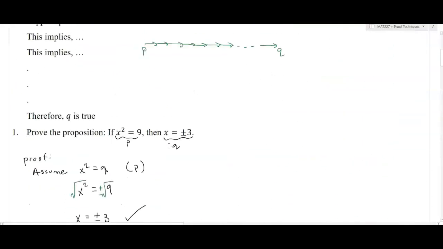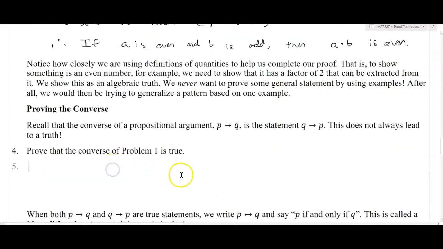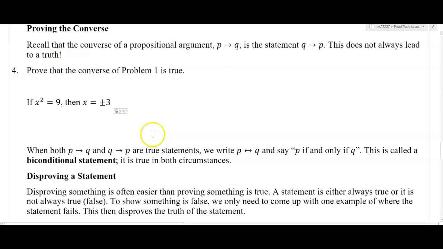So problem 1 that we had was if x squared equals 9, then x equals plus or minus 3. And to prove that converse, all we need to do is, once again, start off with our statement and rewrite the converse.